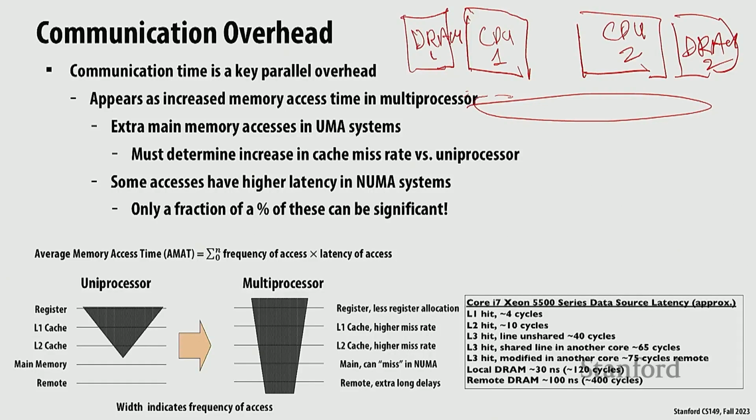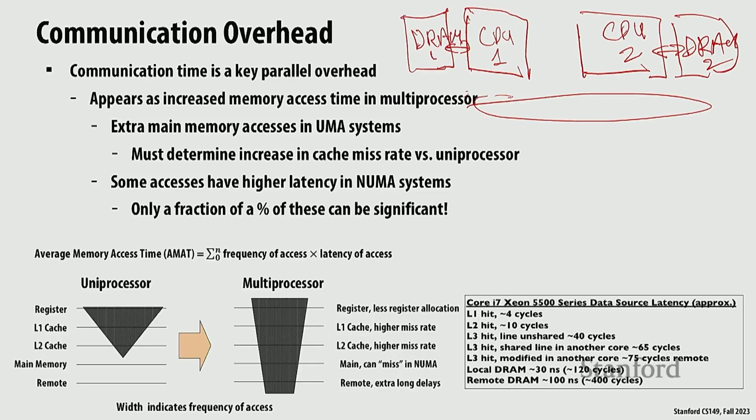The idea is that CPU 1 has higher bandwidth access to its local DRAM than to its remote DRAM.